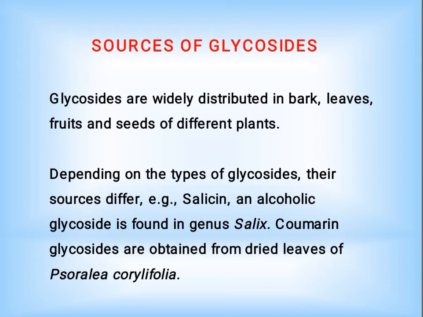For example, glycoside salicin, an alcoholic glycoside, is found in the plant known as Salix. Coumarin is another glycoside obtained from dried leaves of Psoralea corylifolia. So, depending on the types of glycosides, the sources of glycosides are different.